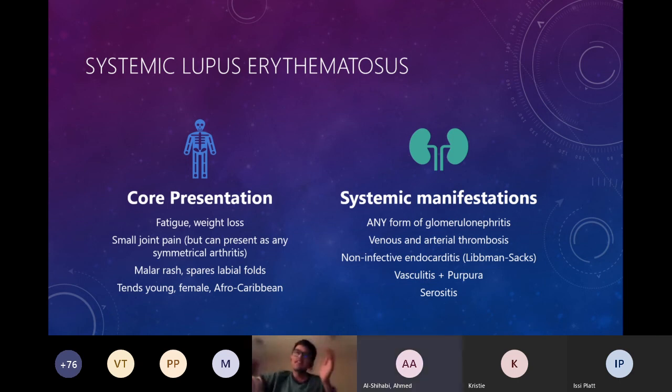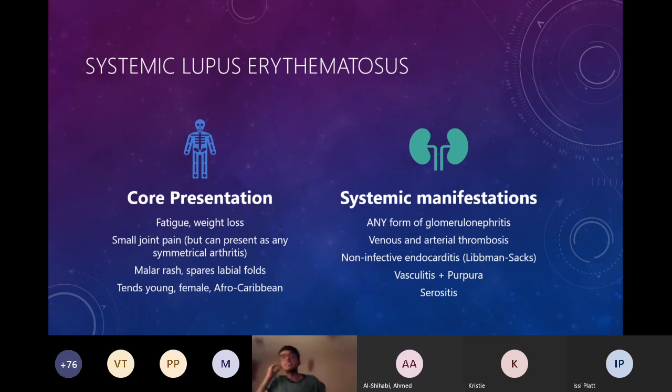Your classic demographic is a young female Afro-Caribbean. Don't worry about rosacea. It's a year 5 condition. You don't need to know it. It's just an important differential that you can show off with.